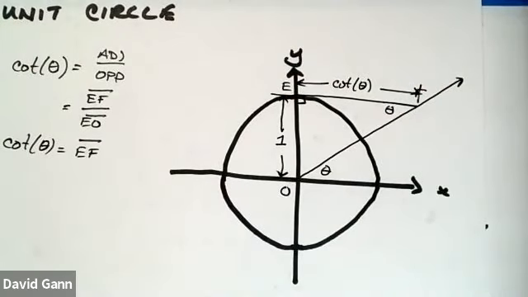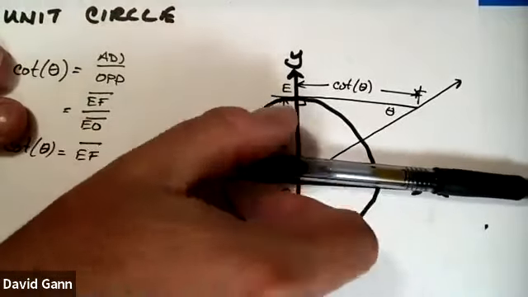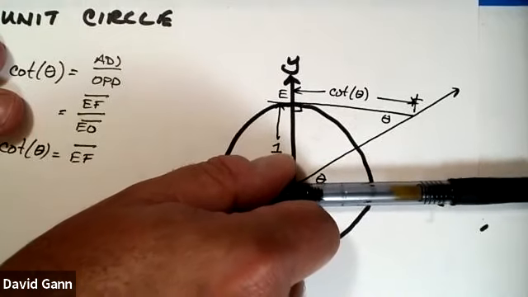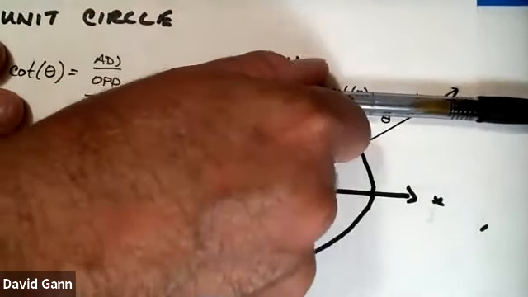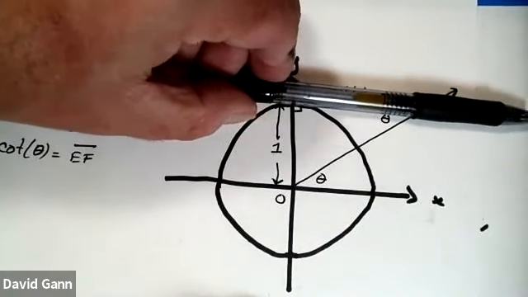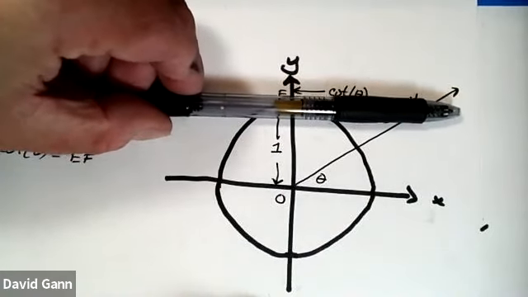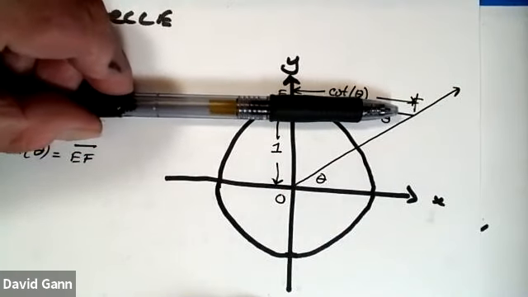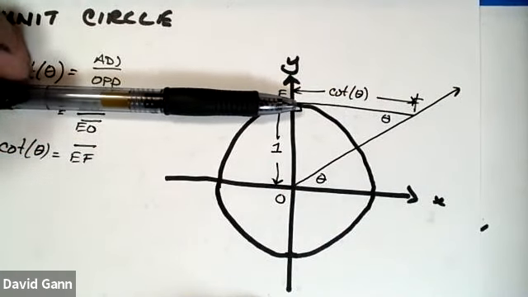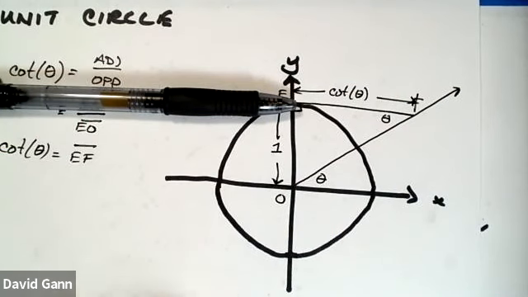And so I want you to think about what happens. Notice that at an angle of just a little bit above 0, this is really extraordinarily long, right? So it basically comes screaming in from infinity, and as the angle increases in quadrant 1, cotangent actually gets shorter and shorter and shorter. So cotangent is decreasing in quadrant 1.